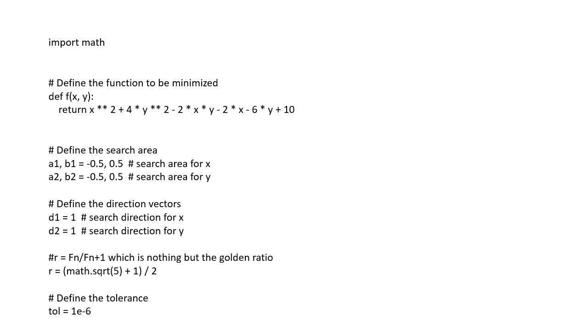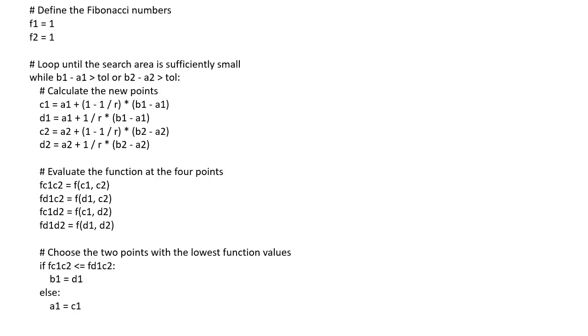And here I have given the tolerance as 1e minus 6, and then I have defined the Fibonacci numbers f1, f2, which are the initial first two Fibonacci numbers, and then I have run the iterations till the area is sufficiently small, and I've evaluated the function at 4 points.